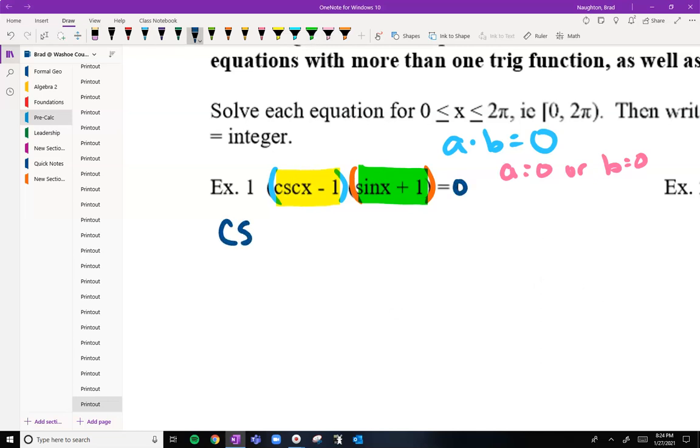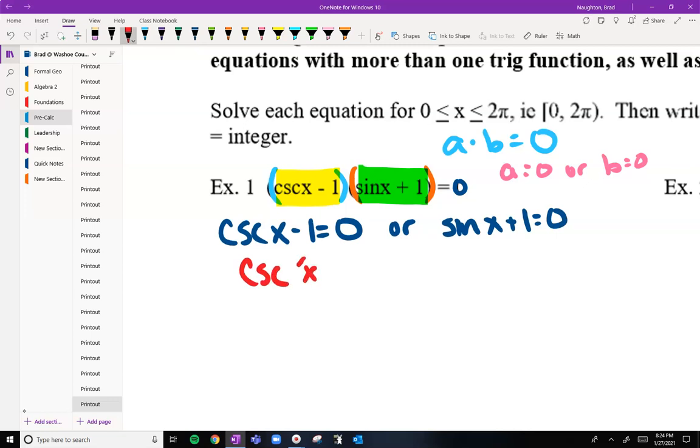So we're going to do cosecant x minus 1 is equal to 0, or sine x plus 1 is equal to 0. One of those parentheses has to work. So this is cosecant x is equal to 1, and this is sine of x is equal to negative 1. The back-to-basics rule says, hey, this is not a sine, cosine, or tangent. Not a huge fan of that.